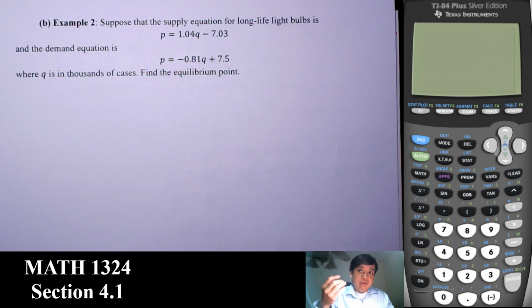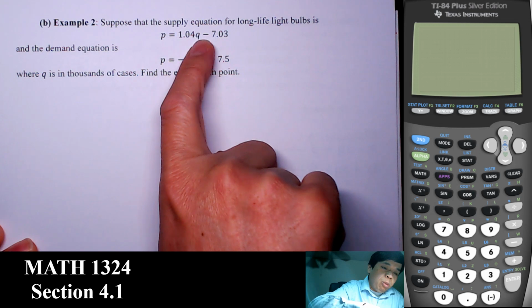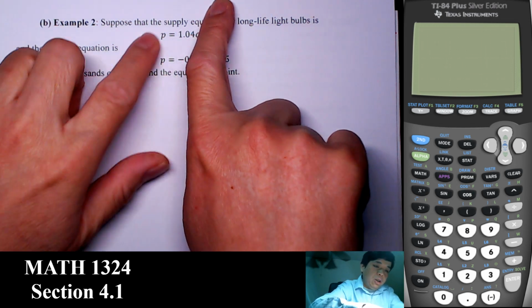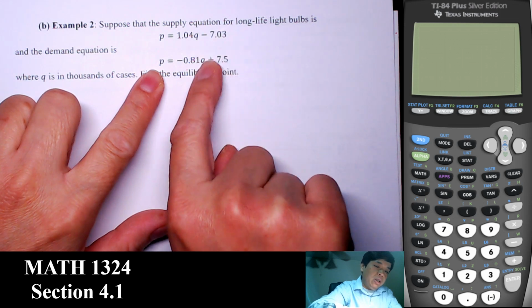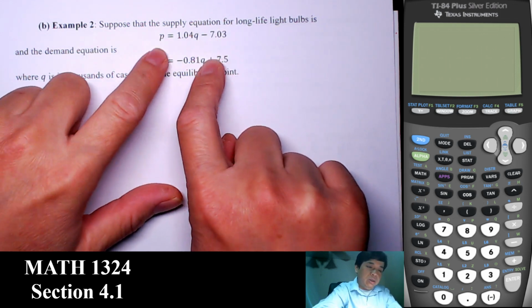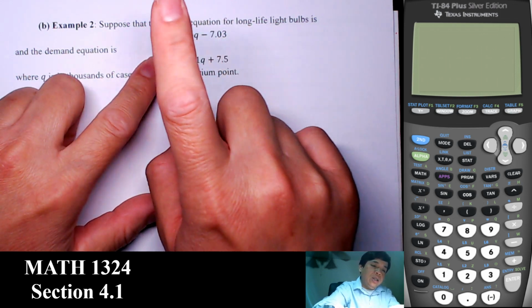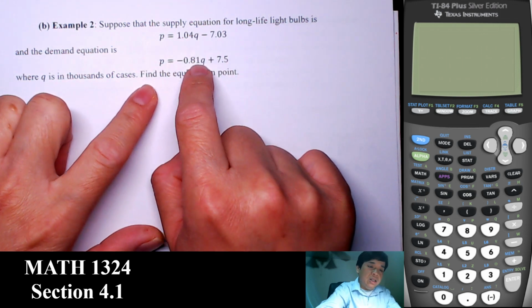For demand, from the consumer perspective, the cheaper the price, the more willing to buy. So if the quantity increases, the price increases, both positive. If the quantity increases, the price will decrease. So this is the supply, and this is the demand.